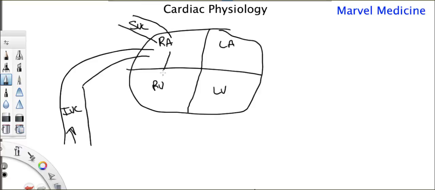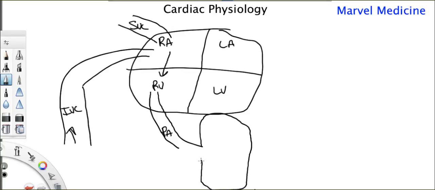Blood from here will go into the right ventricle. From the right ventricle, well, where will it go? It'll go to the pulmonary artery, right? Once it goes to the pulmonary artery, where does it go? The lungs, right? Okay. It'll go to the lungs.